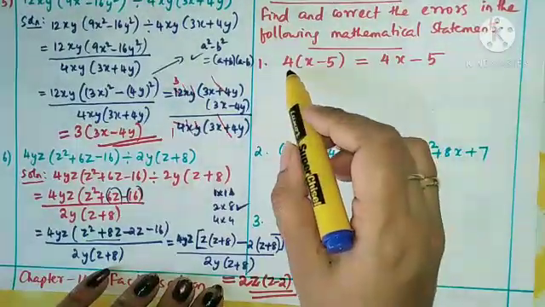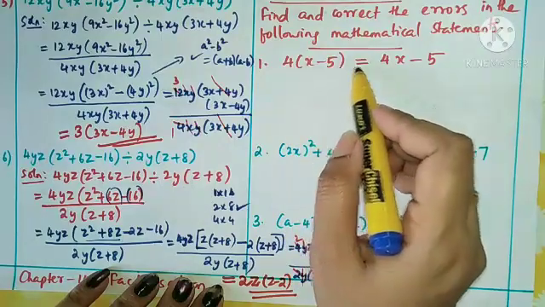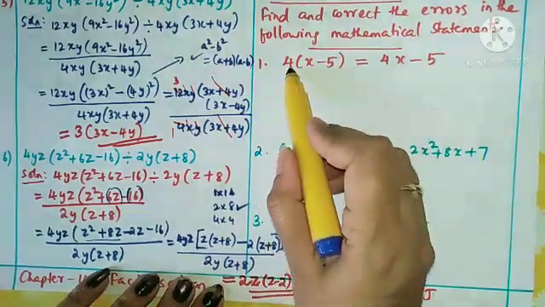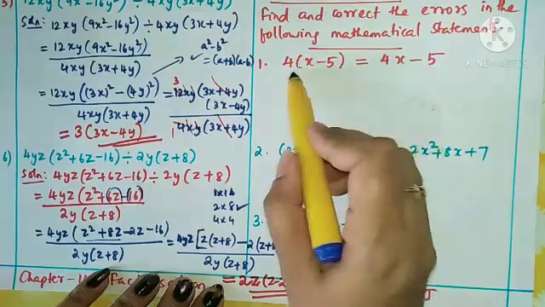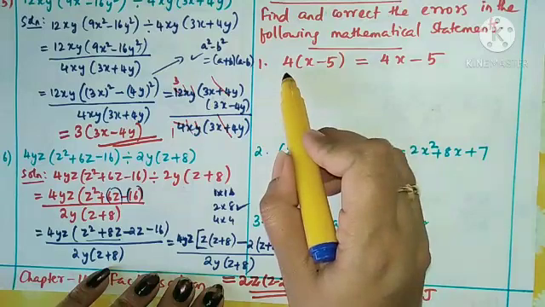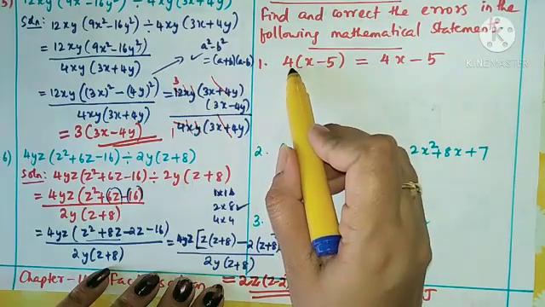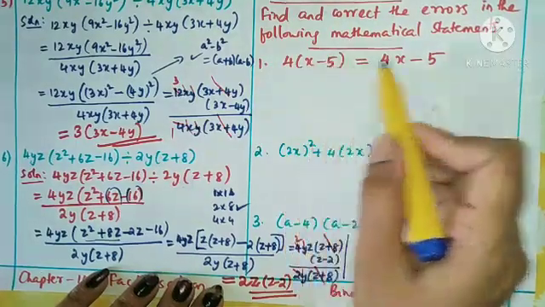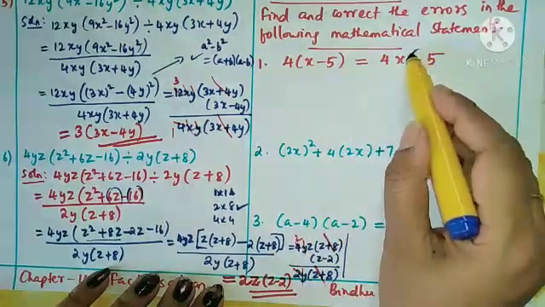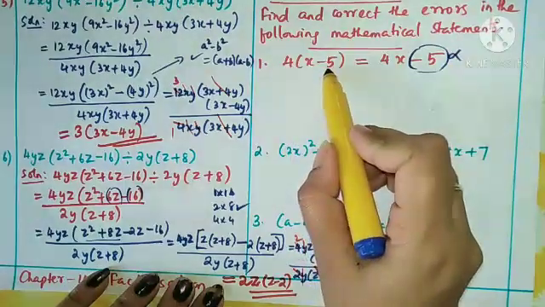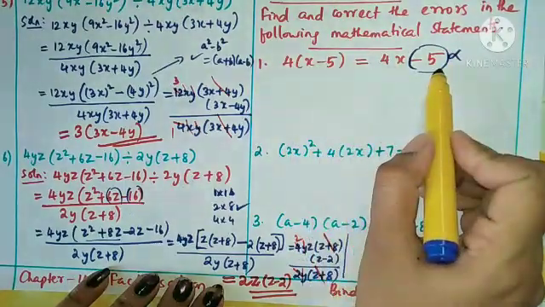First one is 4 into x minus 5 is equal to 4x minus 5. So whenever you see a bracket is opened, the two terms should be multiplied by the outside common number. So 4 into x, 4x is okay. But 4 into minus 5, that is wrong. Here 4 into minus 5, minus 20 has to come.